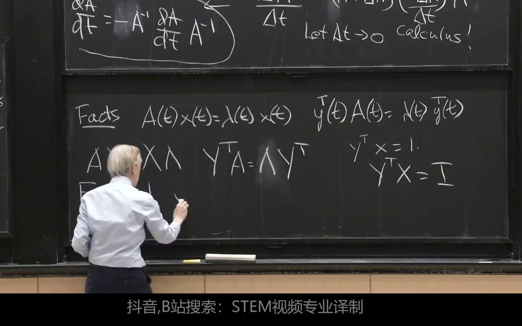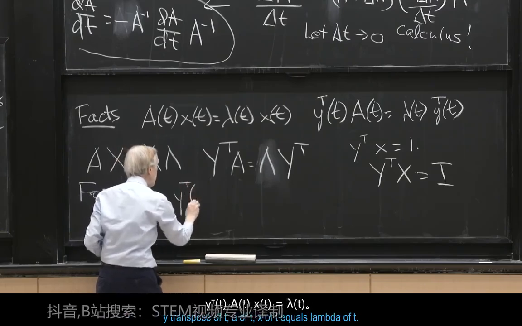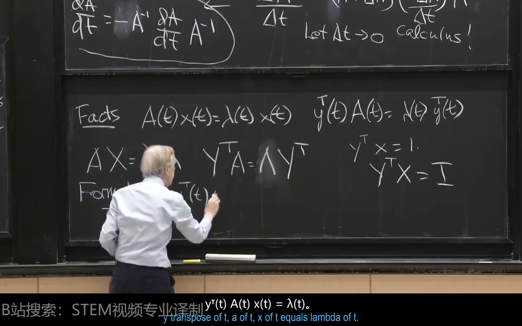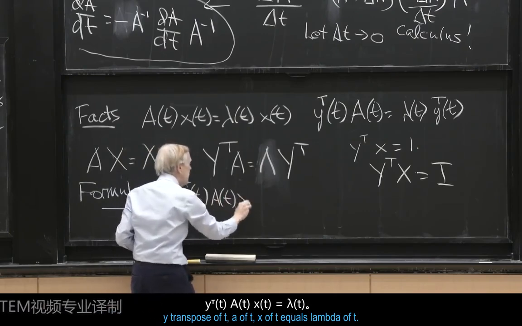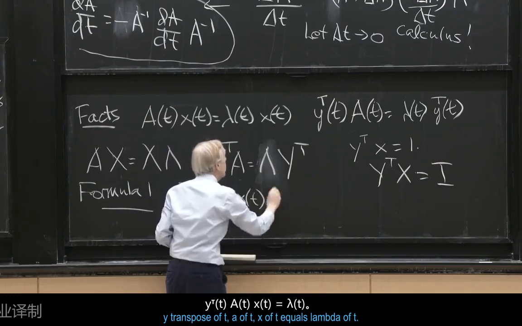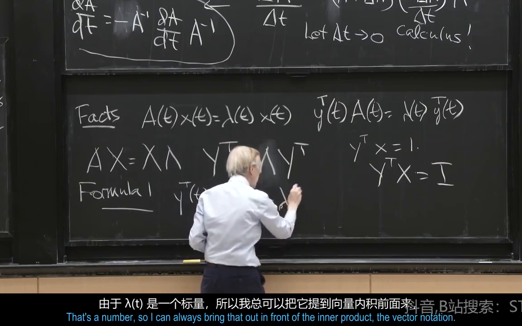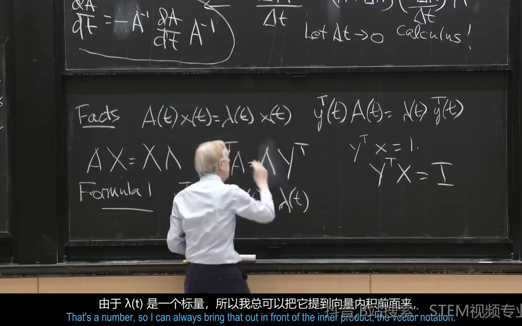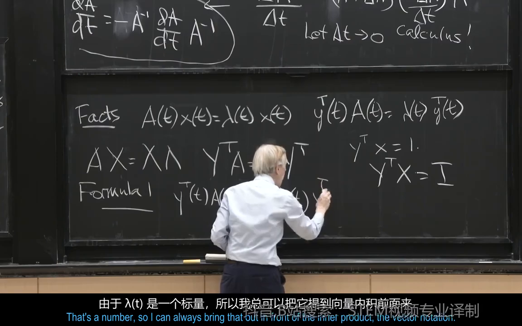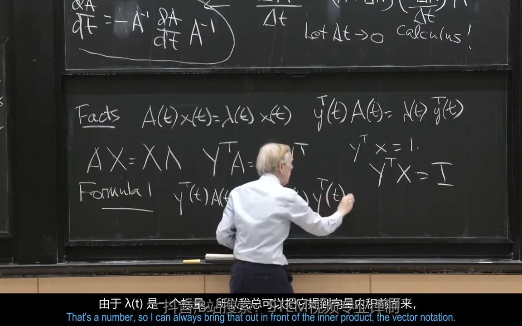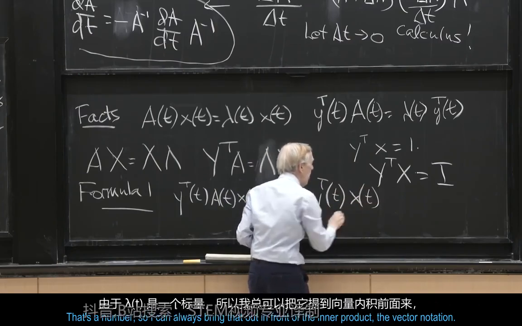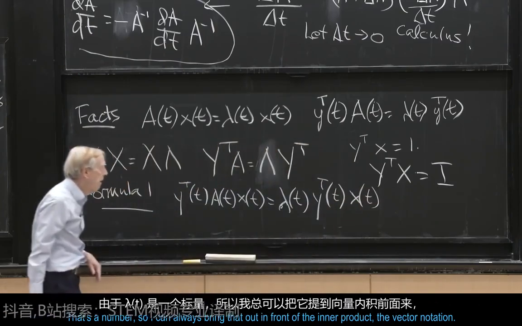Can I do that? Y transpose of t, A of t, x of t equals lambda of t, that's a number, so I can always bring that out in front of the inner product, the vector notation.